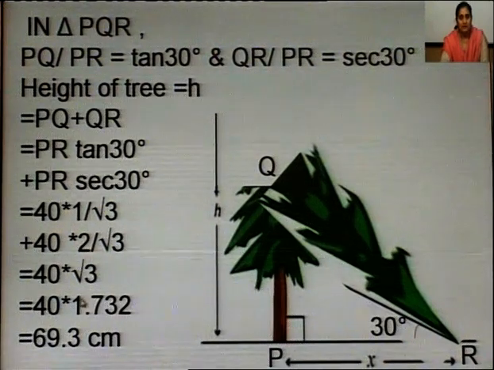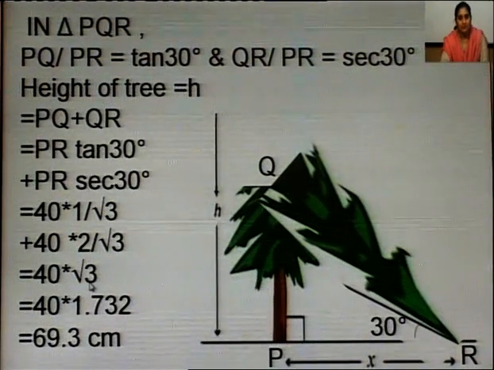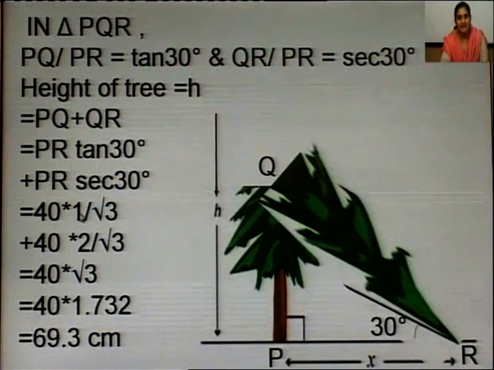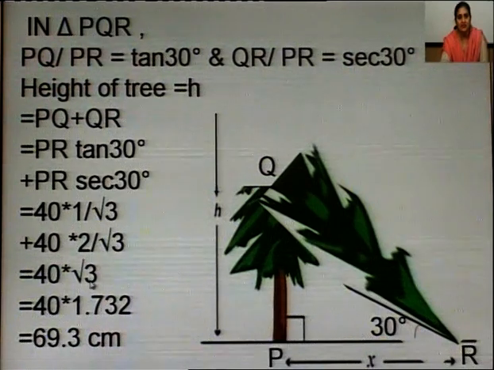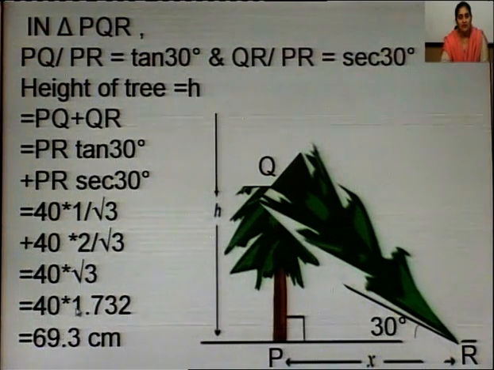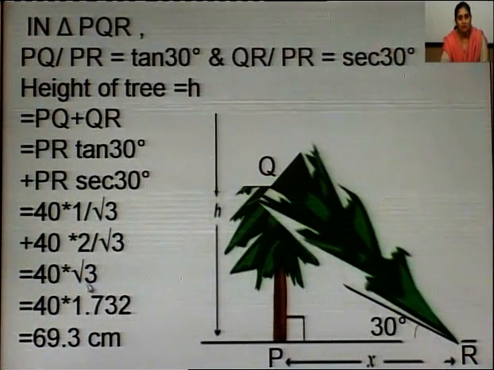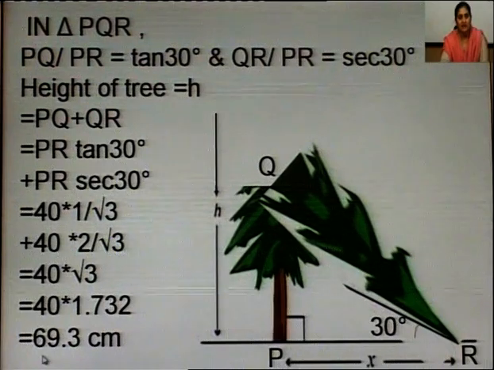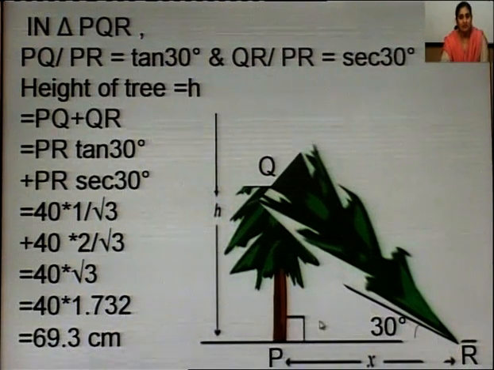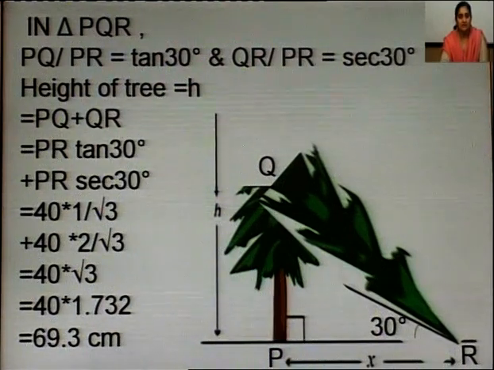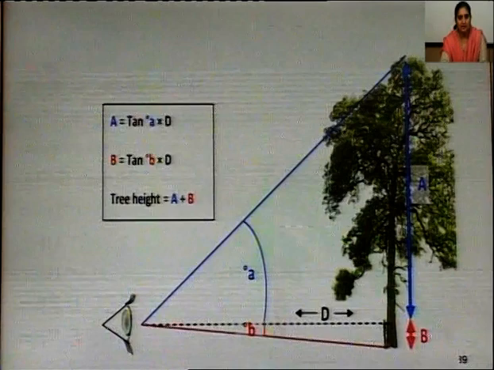So this is 40 multiplied by square root 3, because when we add 2 plus 1, 3 by square root 3, 3 by square root 3 means square root 3. So when we multiply 40 by square root 3, putting the value of square root 3 as 1.732, we will get 69.3 centimeter. So height of the tree is equal to PQ plus QR, that is 69.3 centimeter. So in this way we can find the height of the tree.